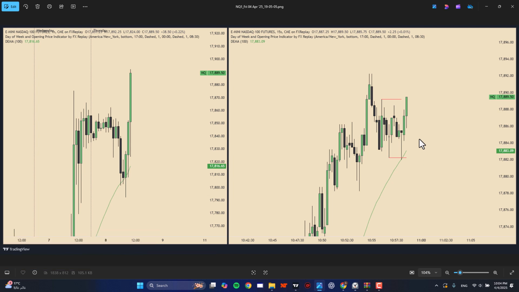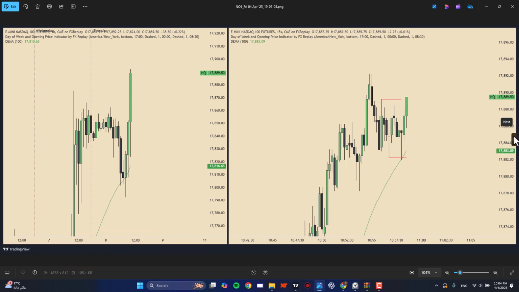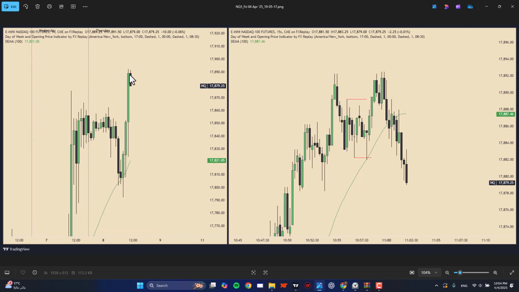That depends. Because I know that a new hourly candle can open, and this is a concept that you can use on almost any time frame. I know that a new hourly candle is going to open, and it can easily get liquidated here before trading to the upside.